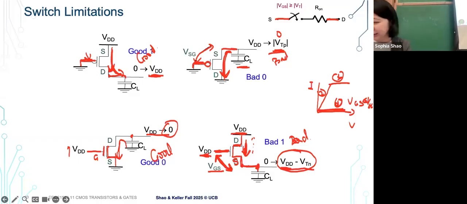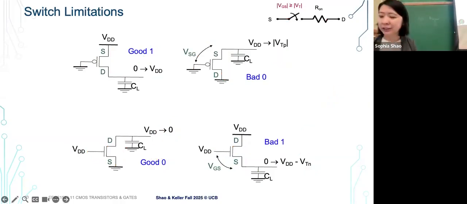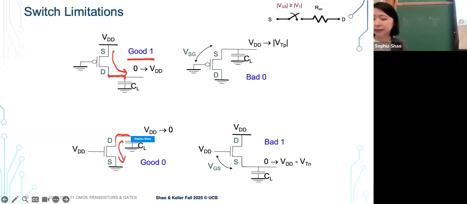That's why it's really good to use PMOS for transmitting ones, because you will get a perfectly charged 1 at the drain node, which is connected to the output node. You also want NMOS to help you get to a perfect 0, so that the output node is not limited by the gate and source voltage difference, the threshold voltage difference there.